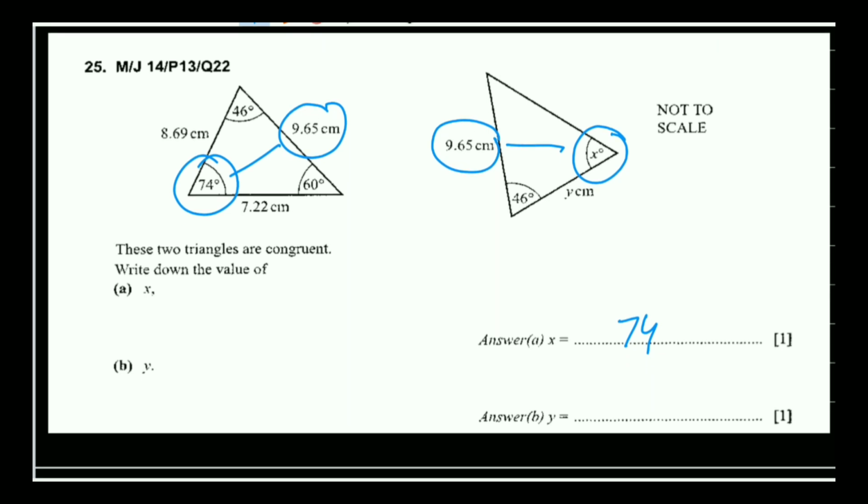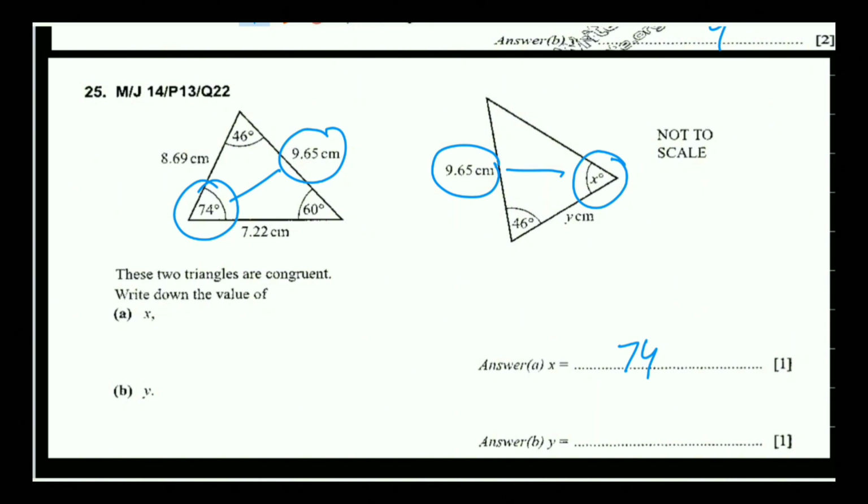Okay, so now y. What about y? Y is this side. You can see y is in between 46 and 74. Now x is 74. So the y side is between two angles that are 46 and 74.